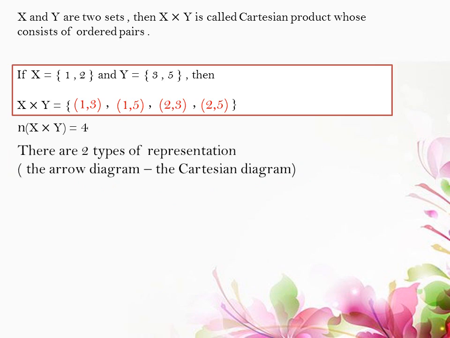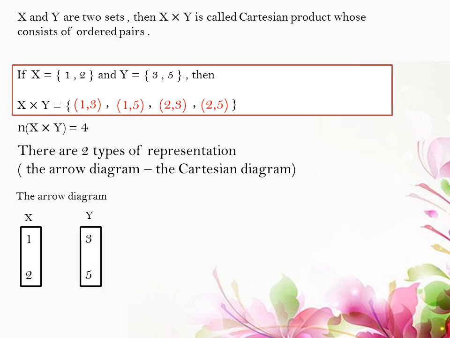Now, the representation of the Cartesian product. We have two types. The first type is called the arrow diagram, and the second type is the Cartesian diagram. Let's see the first type, the arrow diagram. Now we will form two columns, one for x and one for y.